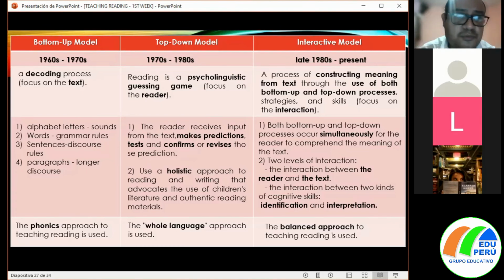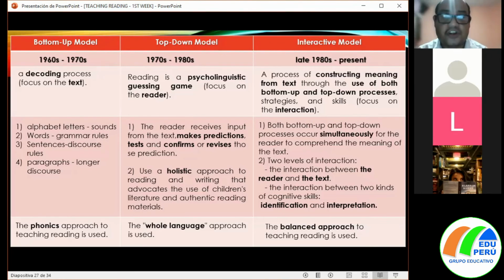Your students are going to predict, infer, hypothesize, confirm, reject. It's a holistic approach, and you could use authentic reading materials. And you are using the whole language approach because you are going to use all the skills related to the language, not just reading. And finally, you have the interactive model.